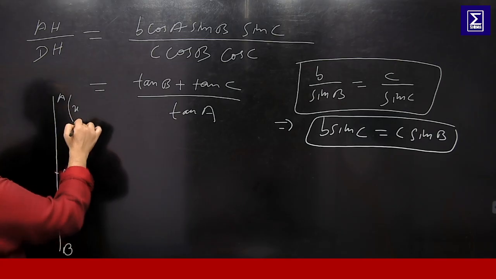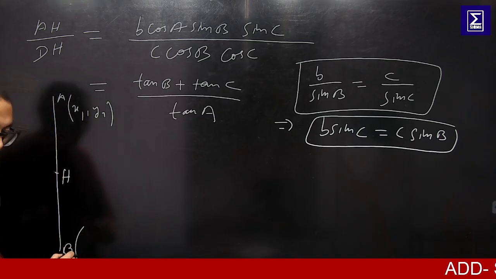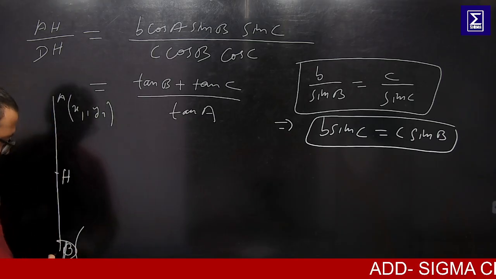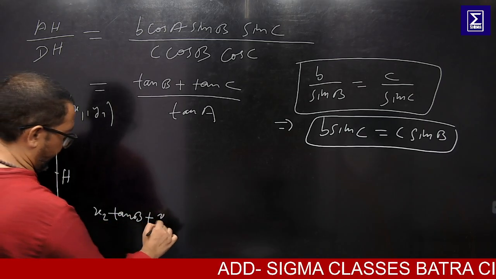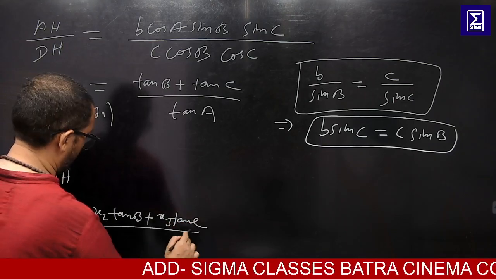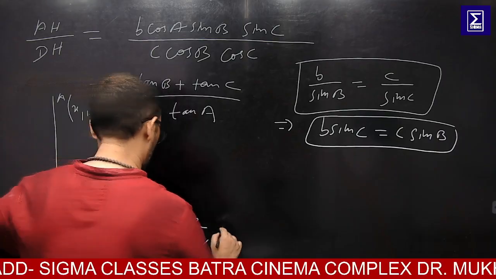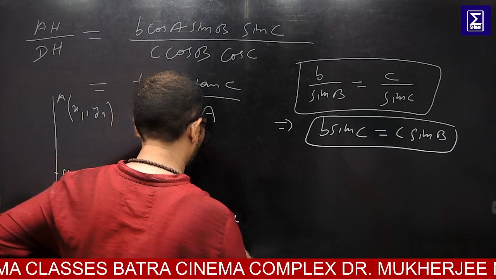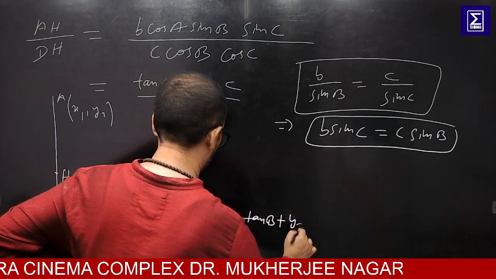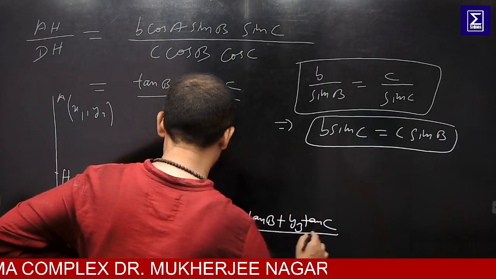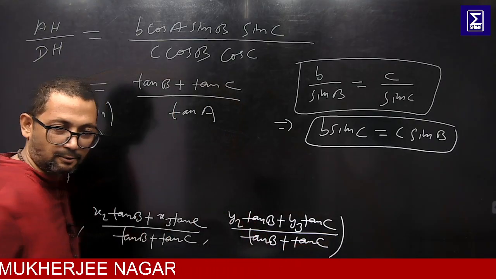So the entire part would be A, D, and this is H. A is x1 comma y1. What was D? Tell me fast. D is the point here: x2 tan B plus x3 tan C upon tan B plus tan C, and y2 tan B plus y3 tan C upon tan B plus tan C. Yes or no?